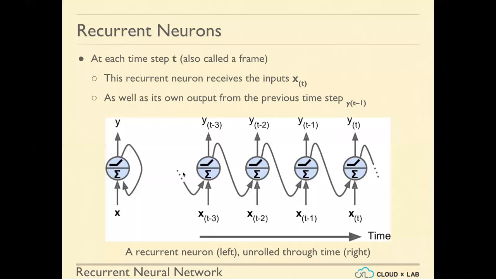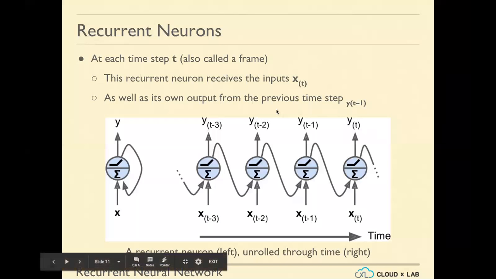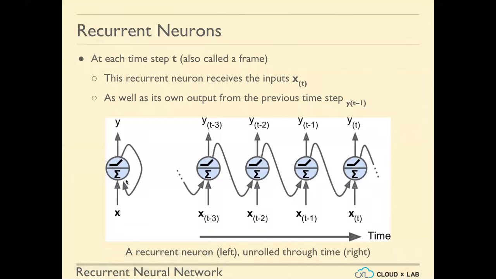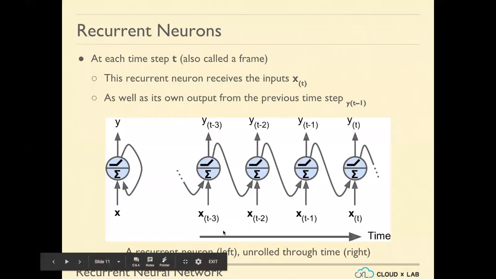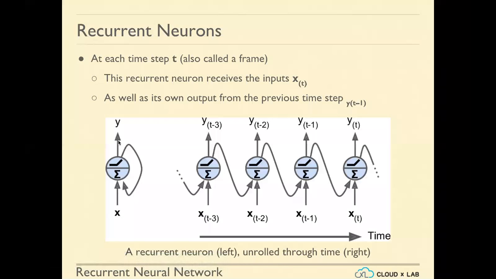The important part is that this way of representation, with respect to time, is called the unrolled model. If you look at it from the time perspective, initially we'll feed x naught, we'll get some y, and then in the next step we'll feed x1 and the previous value, and we will keep doing it over and over.